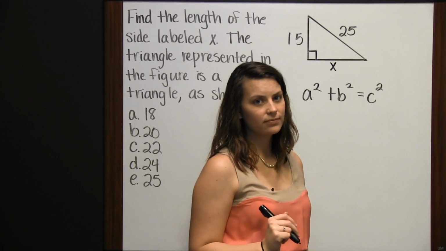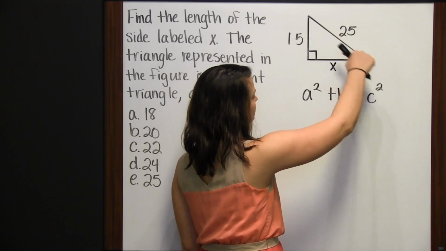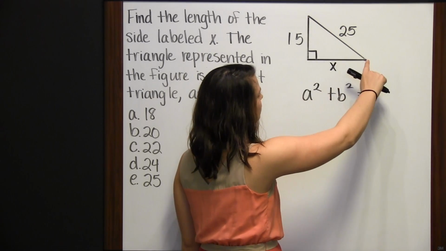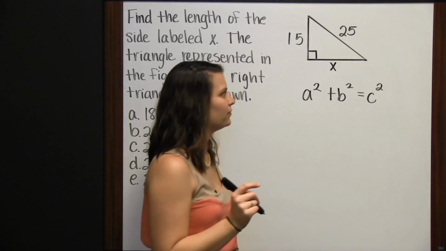And c is the hypotenuse of the right triangle, or the side that's across from the right angle.